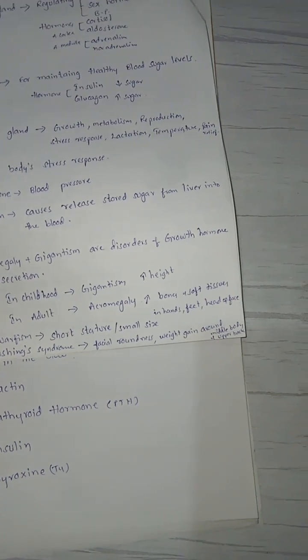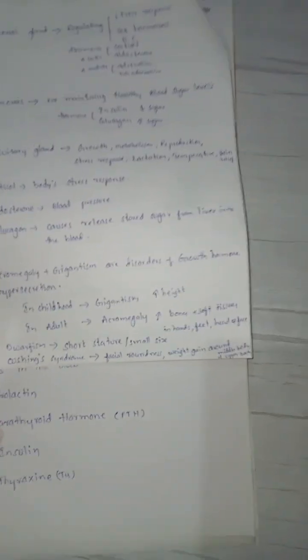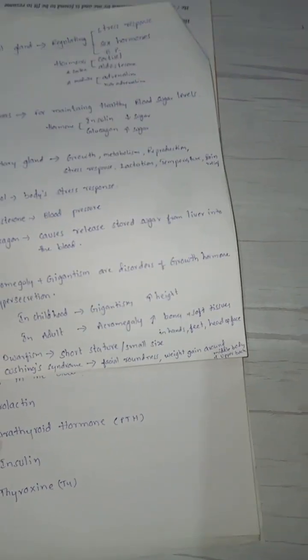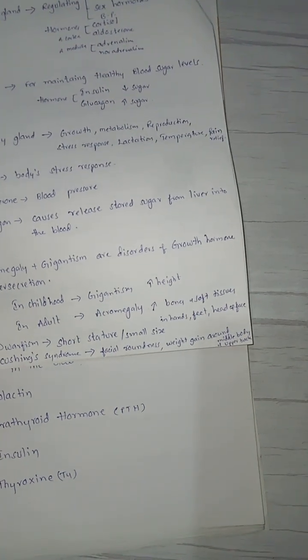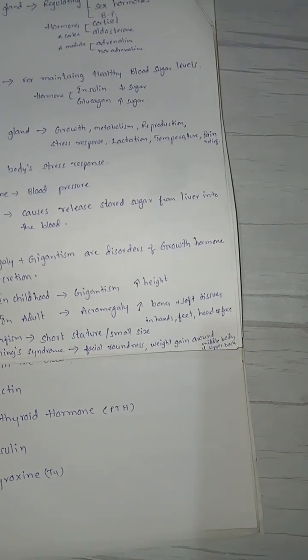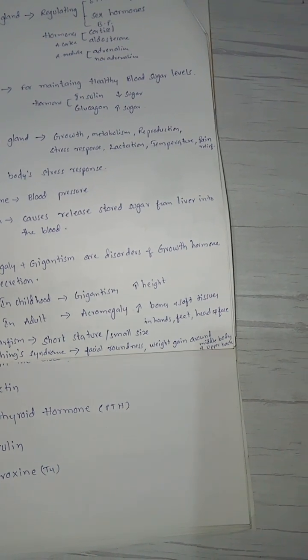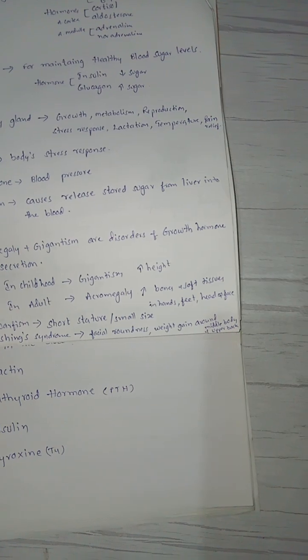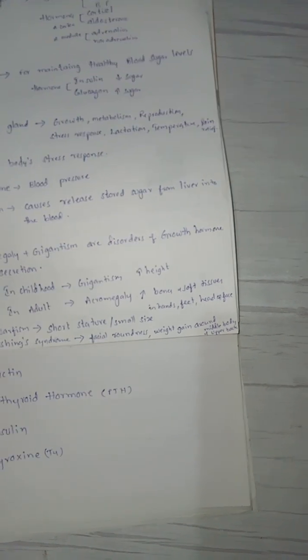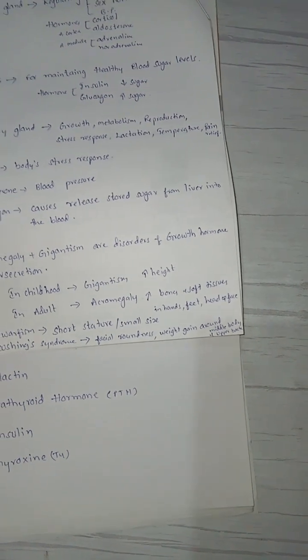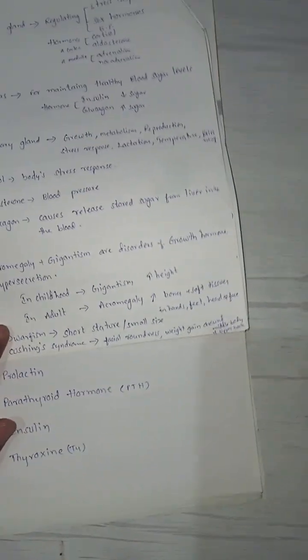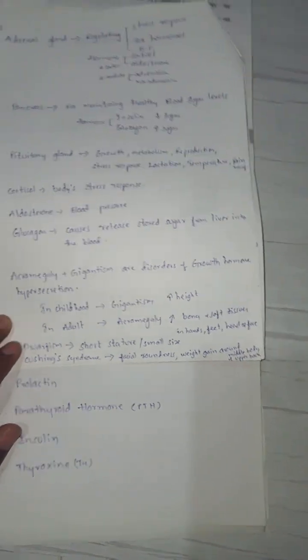Gigantism means the overgrowth of the body height, and in adults in acromegaly, it increases the bone masses and soft tissues in hands and feet and head and face, and it does not affect the height of the body. So in childhood it's called gigantism, in adults acromegaly, the overproduction of the growth hormone.